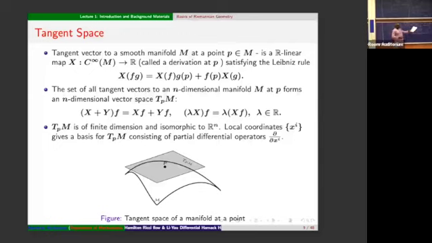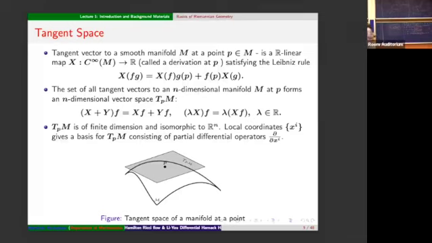Then the set of all tangent vectors to an n-dimensional manifold M at P forms what is called an n-dimensional vector space. Which means a vector space that is of finite dimension and is isomorphic to Euclidean space R^n, as I've mentioned. And locally, vectors consist of partial differential operators.